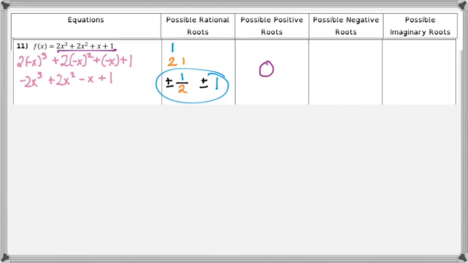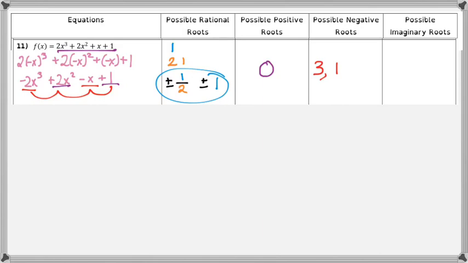So I'm looking for my positives when I'm positive at those two places. And then I'm negative at these two places. So I have 1, 2, 3 sign changes. So I have 3, and I need to count down by 2, so the next number down is going to be 1. I can't go down to negative numbers, so that stops there.